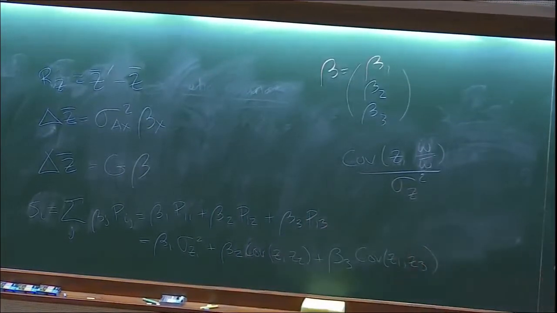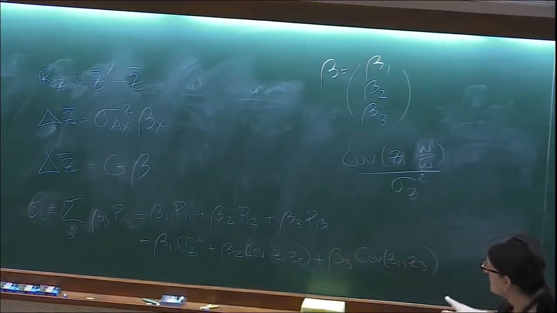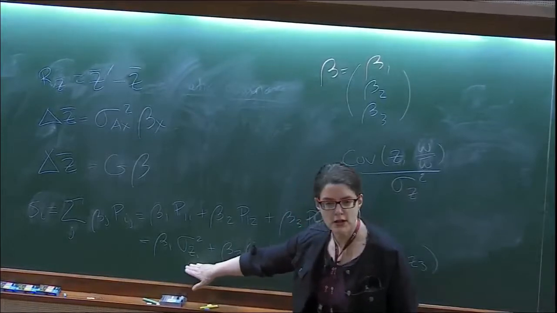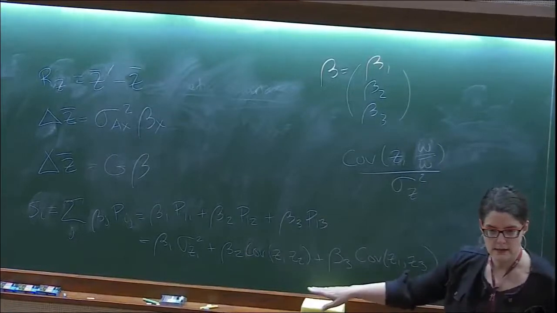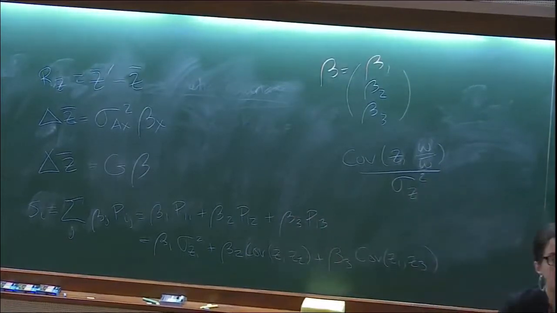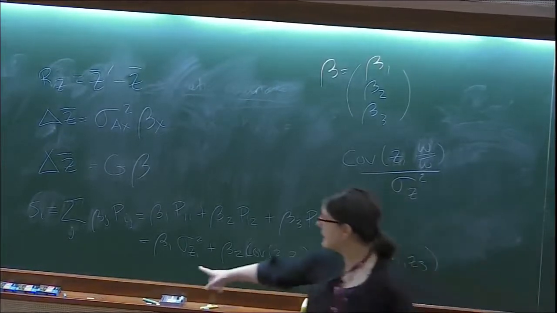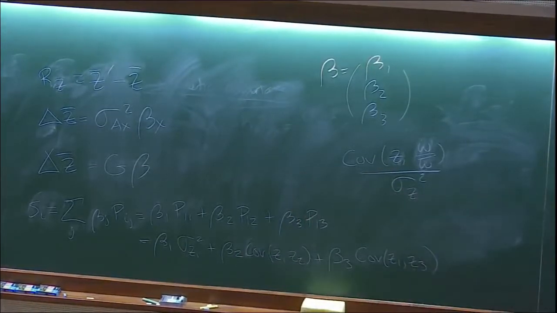And so you can see that for each entry, for each trait, the amount of selection you're applying is made up of some direct selection that's mediated by the variation in that trait, and then indirect selection on the other 2 traits that's influencing that trait. So how much selection is being applied to trait Z1? Well, it has to do with how much direct selection is being applied to trait Z1, and then how much indirect selection is being applied to trait Z1 via selection on Z2 and Z3.